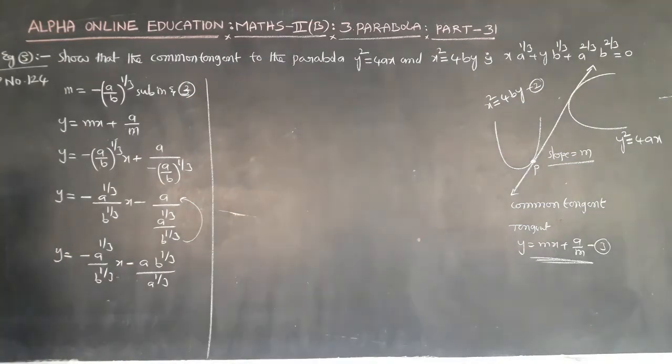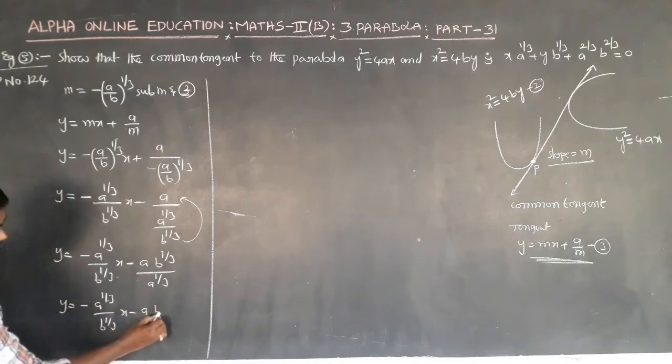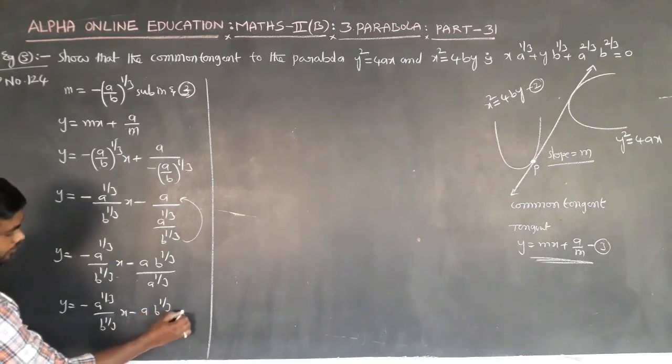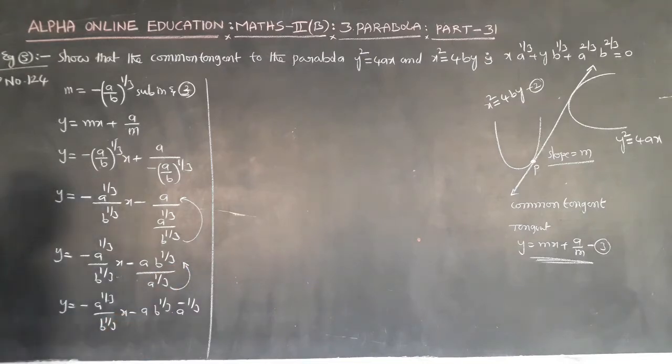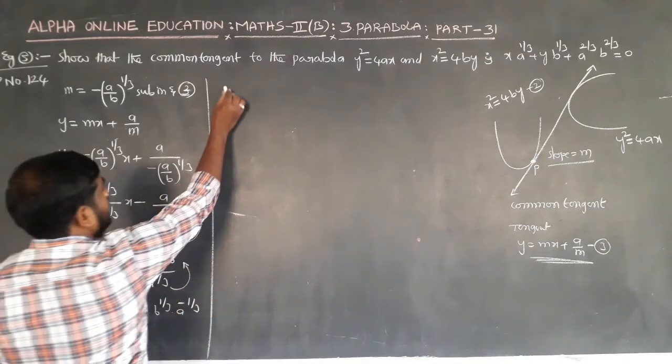Simplifying, here y is equal to minus a to the power of 1 by 3 by b to the power of 1 by 3 x minus a into b to the power of 1 by 3, taking a to the power of 1 by 3 in the numerator.